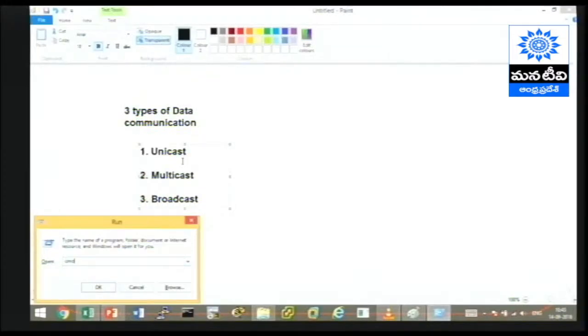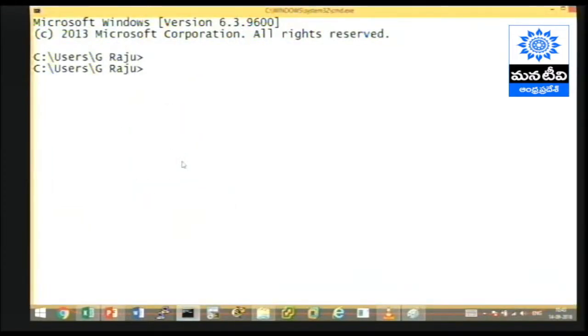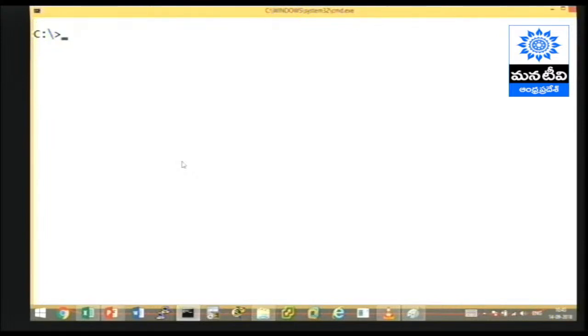Basically, it is used to check whether your computer has the TCP/IP protocol or not. If it has the TCP/IP protocol, then it would respond that there is a reply coming from the loopback IP address. So let's check whether this computer has the protocol or not. On this computer, I am using the command ping 127.0.0.1.